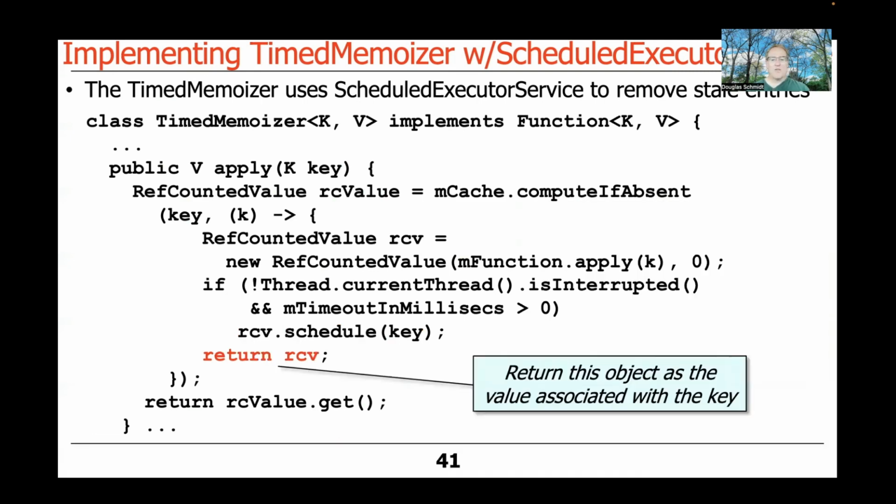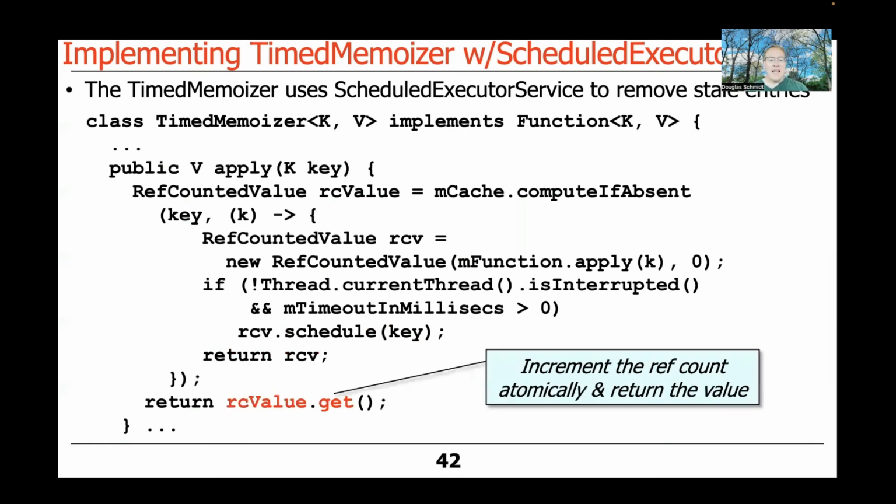And then we return the ref counted value. That's what gets returned from this particular call when it runs. And then we say ref counted value.get. And what that's going to do is atomically increment the reference count and return that value.